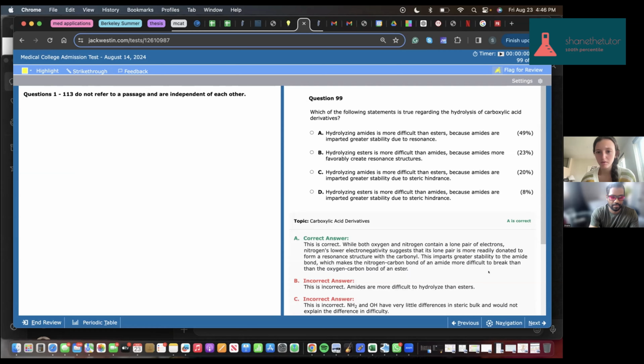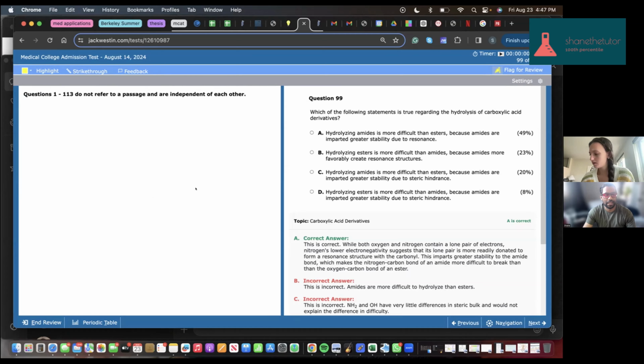Well, they're saying amides, esters. What are those? Functional groups. Describe them. What do they look like? Okay, so amides have the amine, so there's a nitrogen at the end. When you're drawing it out, there's an N on the last carbon.